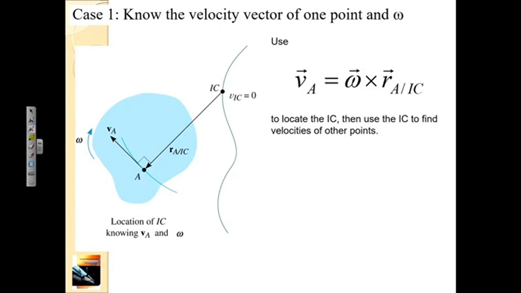So maybe if I try to trick us here and I go the opposite way of what's on the screen, if my body's got some rotation, omega, where's my instantaneous center? So the velocity of A is equal to omega of the body crossed with my vector from the instantaneous center to point A. Okay?